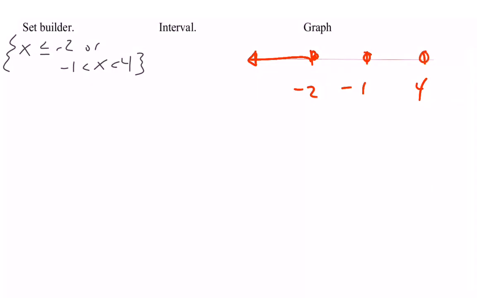And both of those are going to be open because they are just less thans. So my interval notation would be parentheses, -infinity, up to -2, and that -2 is included, union, we're not going to include the -1, and we're not going to include the +4. So that's it.